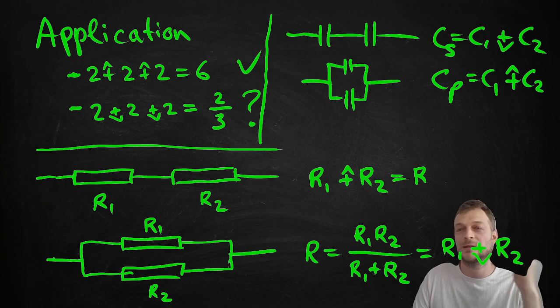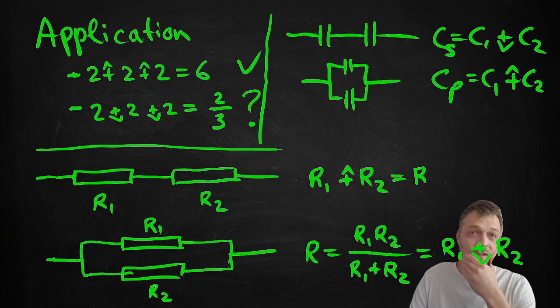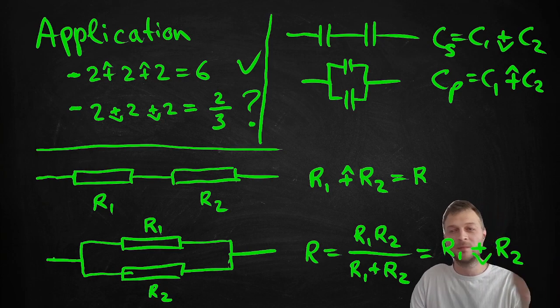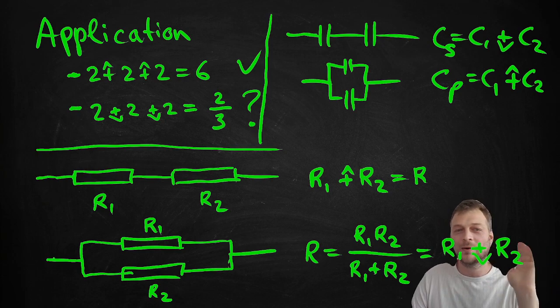And a pretty similar situation with inductances and coils. Okay, so that's one example of application. We now have numbers that describe parallel and serial connections of elements.